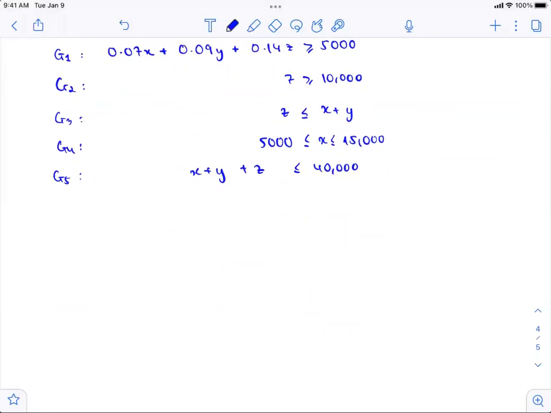So that is the 5 constraints that we need to formulate.